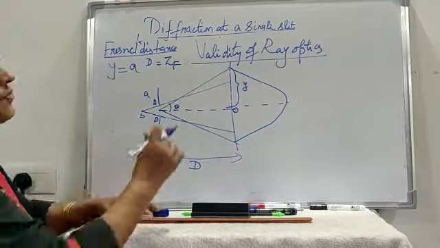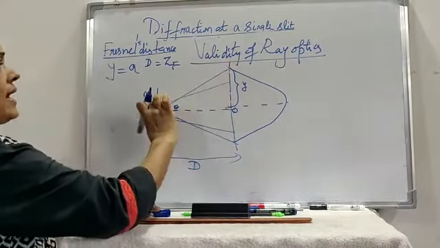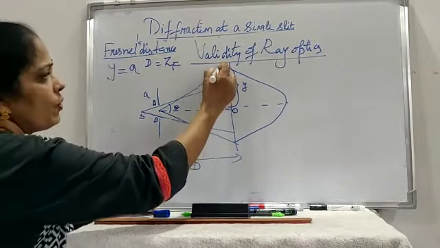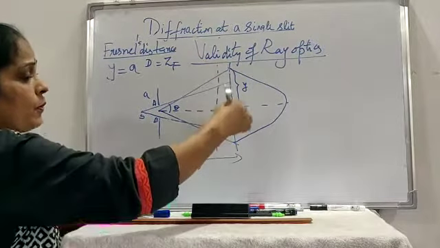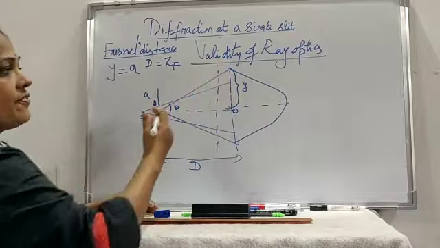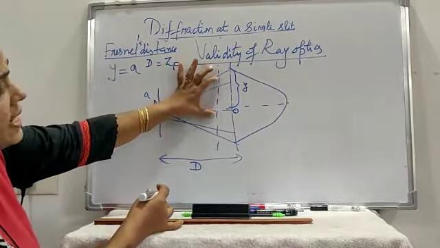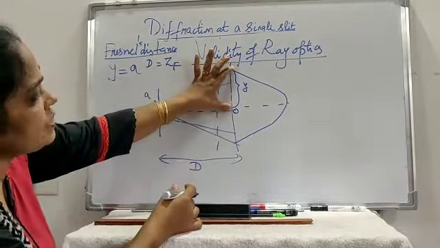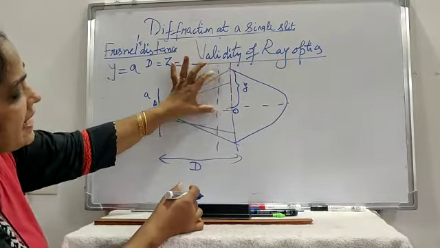Now when you see this figure, this distance y and this slit width are not the same. So what we do is push the screen to the front. When you push the screen to the front, you can see that this y goes on decreasing. Here this was y, now this y is decreasing.